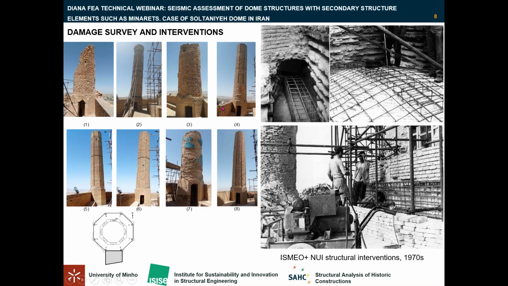Minaret numbers 5, 6, and 8, these three, have been totally rebuilt. As you can see, a concrete ring was added at the base of the dome in 1970s. Also, minaret number 2 here in this picture was strengthened with steel elements, cables, and cements.